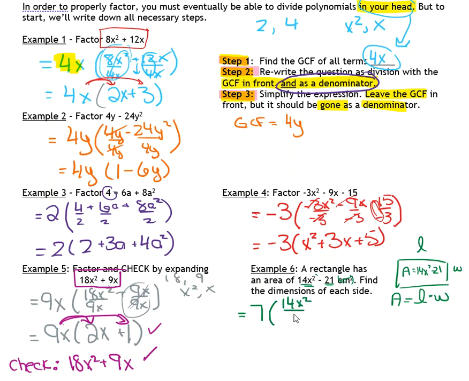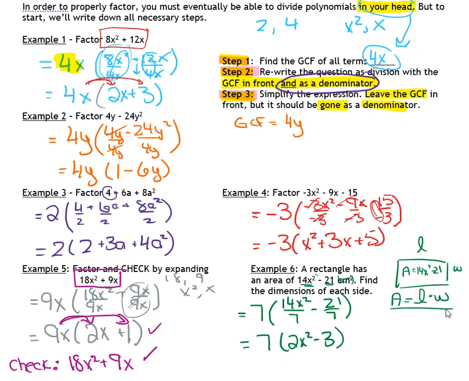14x squared over the denominator. That gives me 14 divided by 7 is 2, and there was also an x squared there. And 21 divided by 7 is 3. So I have now written the binomial as a monomial times a binomial.